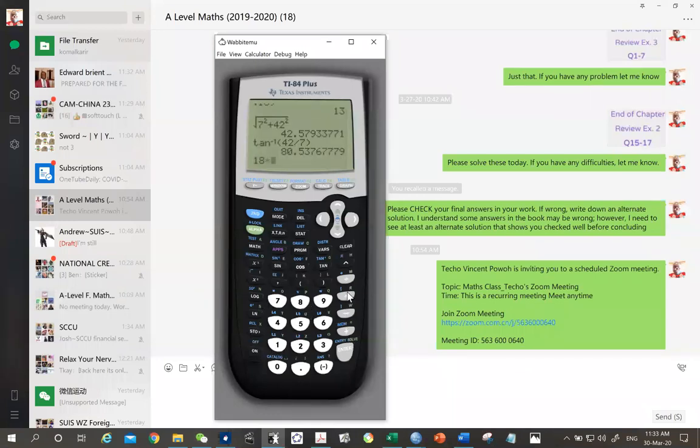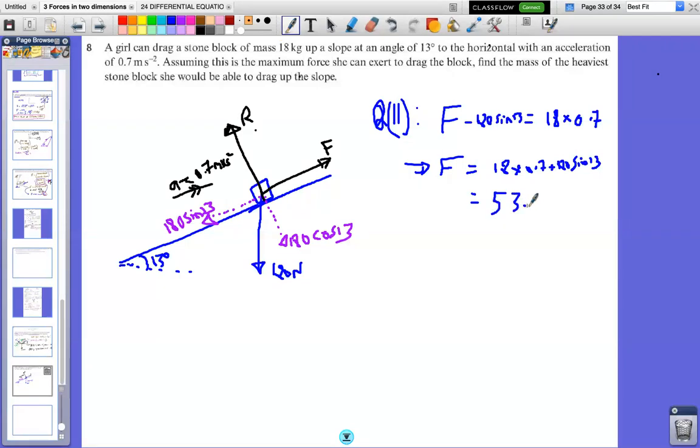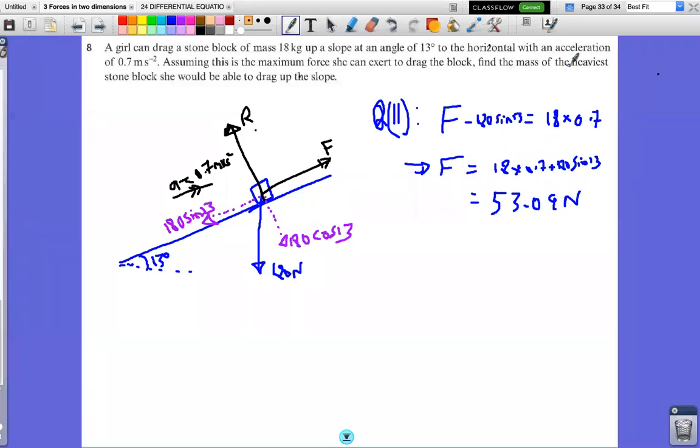That gives us 53.09 newtons. And if this girl can apply this force, this is the maximum force that the girl can apply.